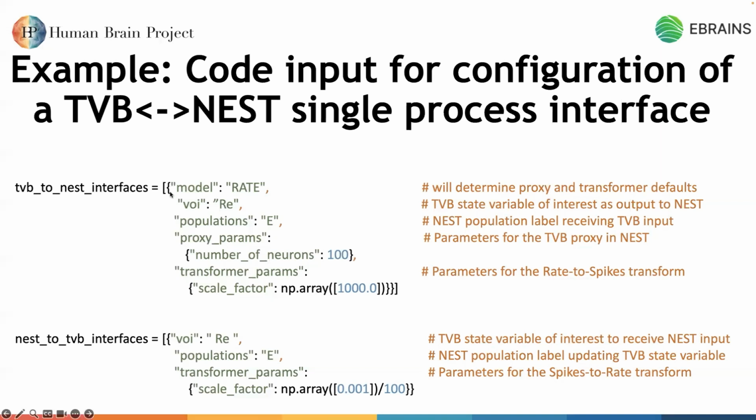Then we could define several such dictionaries, and the builder will create different interfaces. But at the end of the day, usually it's a code like this, not many more lines, to define these interfaces.